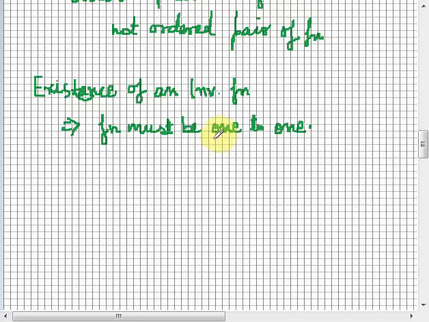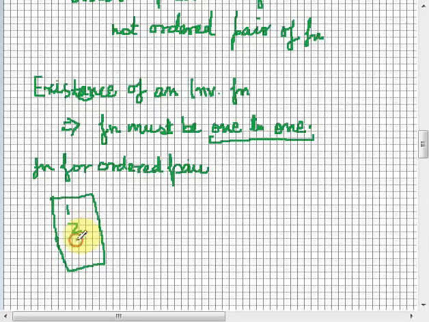I will explain the meaning of this one-to-one from the definition of function for ordered pairs. We studied that an ordered pair is a function if each element in the domain is matched exactly with one element in the range. This we have already studied.